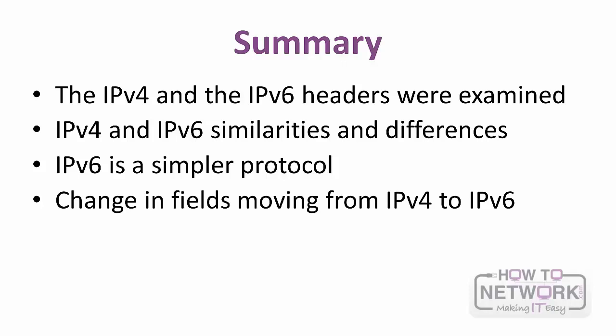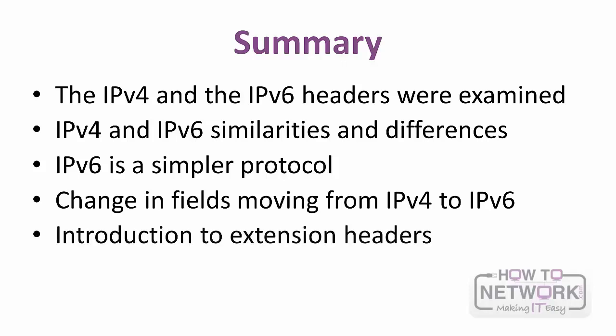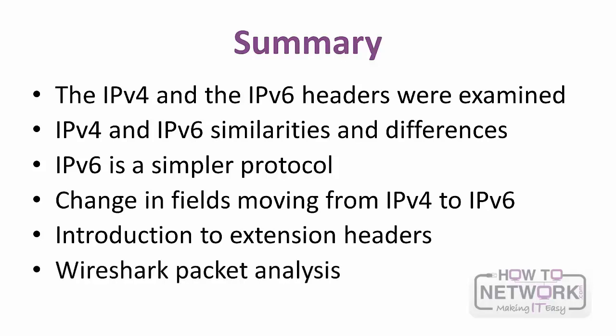Some had name changes with functional differences. Others were removed completely, and there was a new flow label field added. Extension headers were introduced. They provide more flexibility and better efficiency for IPv6. And Wireshark packet analysis has been done for both IPv4 and IPv6.